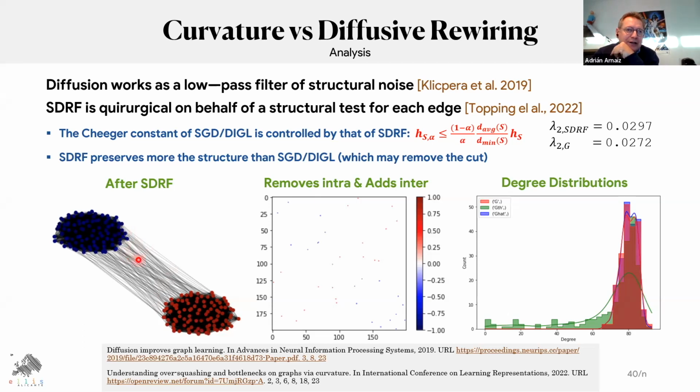But if we take the difference between the two graphs, we see that in blue we have the removed edges, which are typically intra-community, and the new edges are typically inter-community. And if we compare the degree distributions of the graphs before and after rewiring, with the SDRF method they are similar, but the diffusion method tends to produce a different degree distribution.